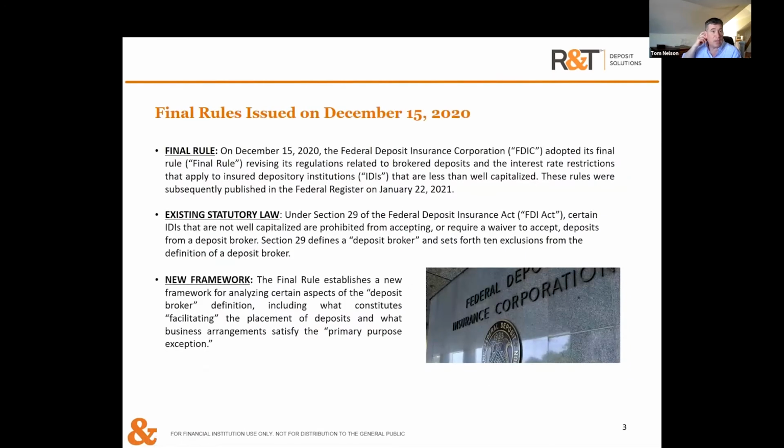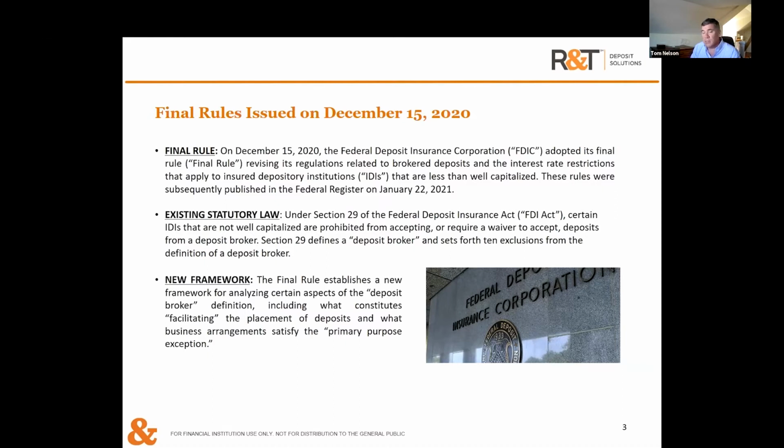So we're here to talk about the broker deposit rules that were announced by the FDIC on the 15th of December, subsequently fully published towards the end of January of this year. And while it doesn't fundamentally change the existence of broker deposits, it really does change the definition in some instances of what is a broker deposit.